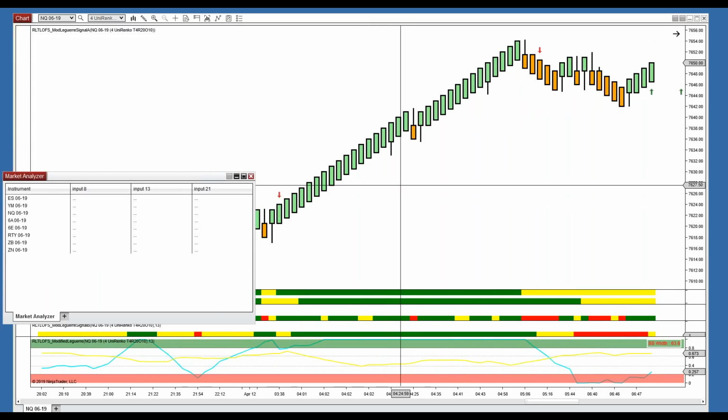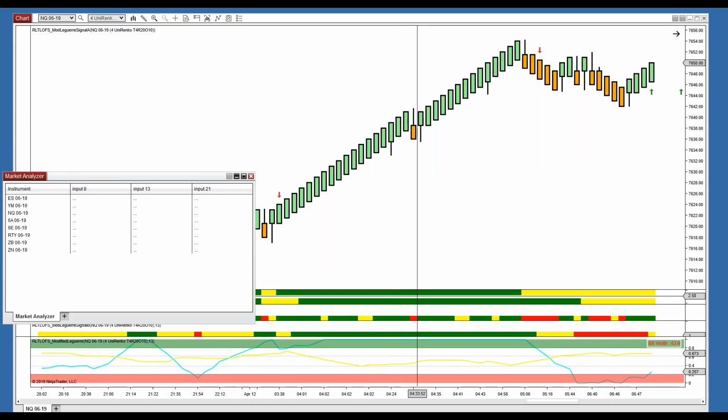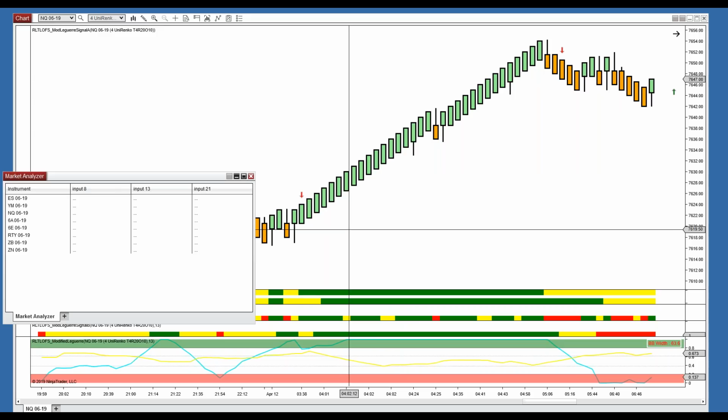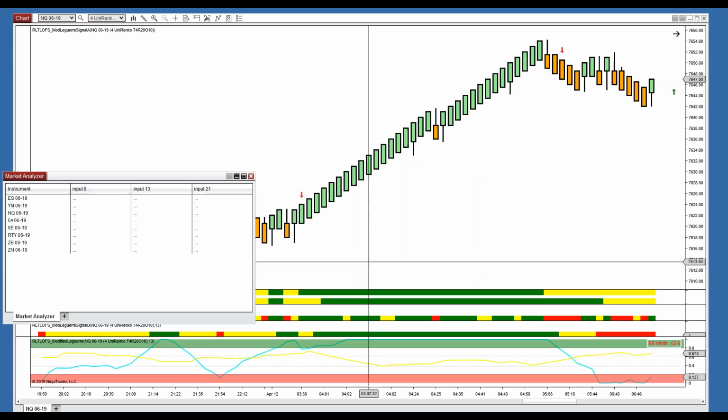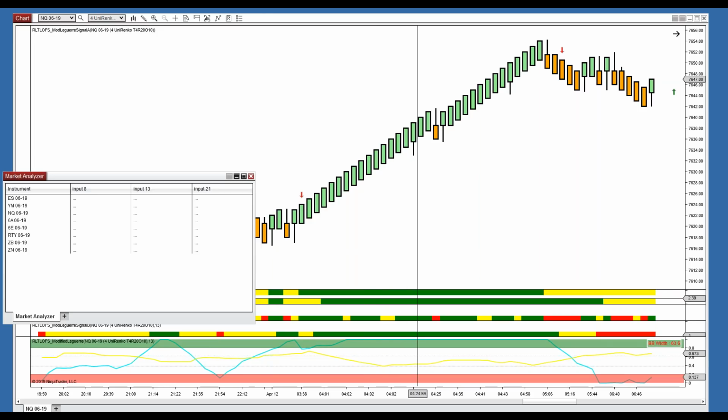Now, there's another component to the analyzer that is really, really key. We call it our Clarke Lines. Now, on the NASDAQ, there are two. And what makes this so difficult is each of these lines are individualized for the market that you want to trade.